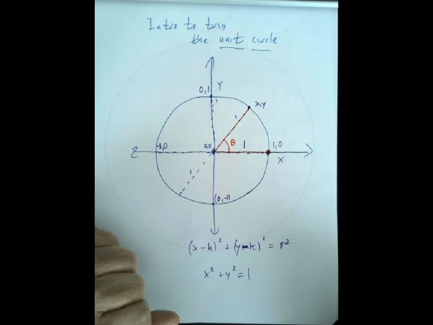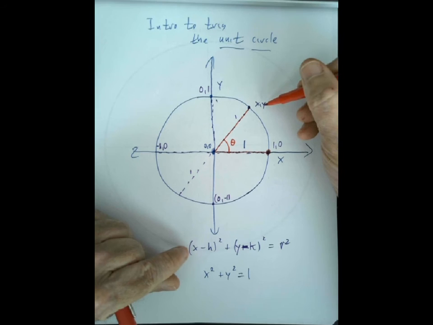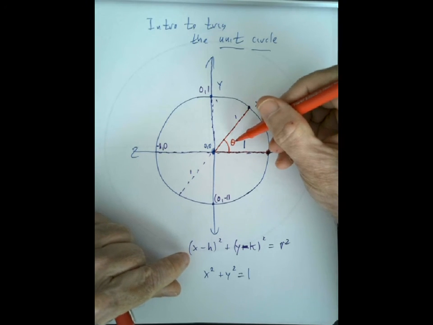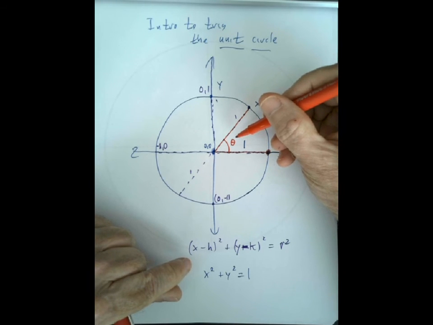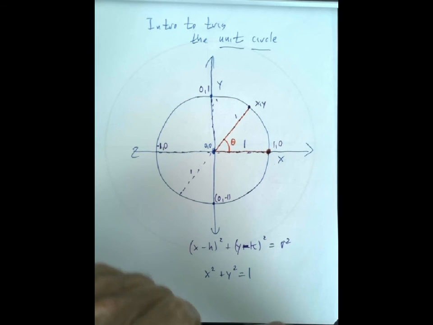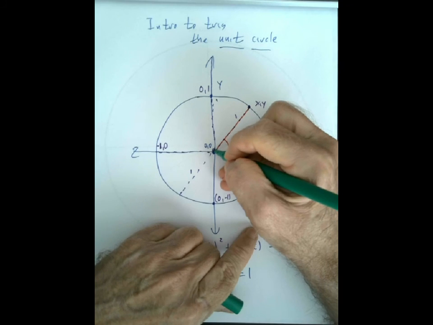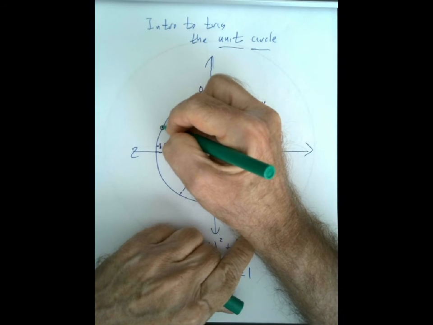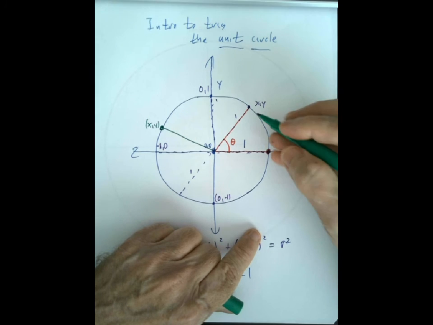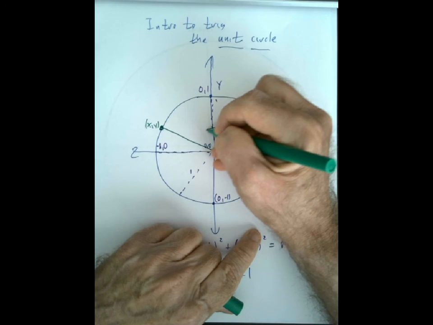Now, what's important about the unit circle, and we'll see more about this later on, is the idea that each point on the circle, each XY point here, can be paired up function-wise with a corresponding angle. Each angle here will go with a point XY on the circle. Let me make another color over here. So for this angle over here, I'm going to put another side over here. There's another point over here, x comma y, a different xy than that one. And there's going to be an angle here.